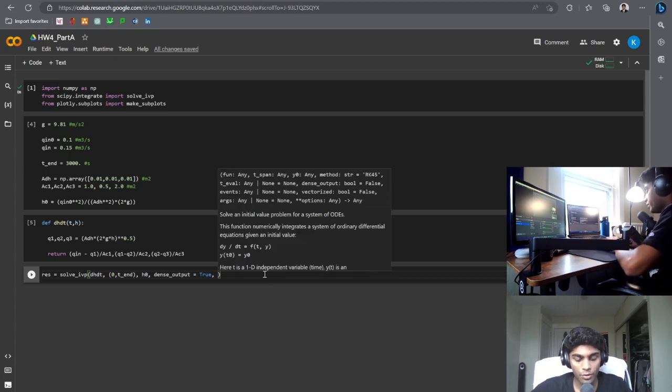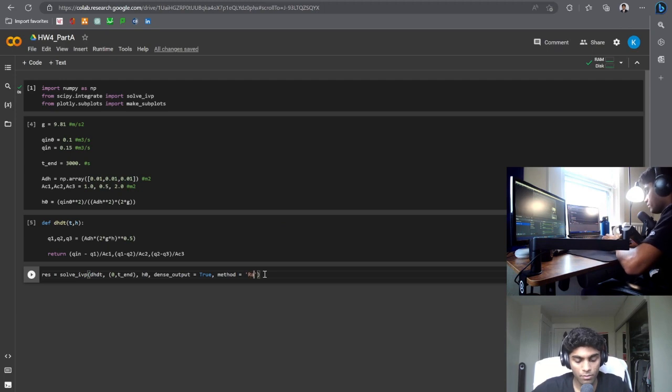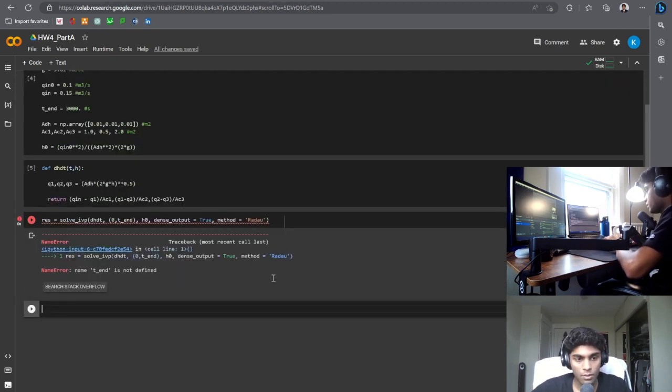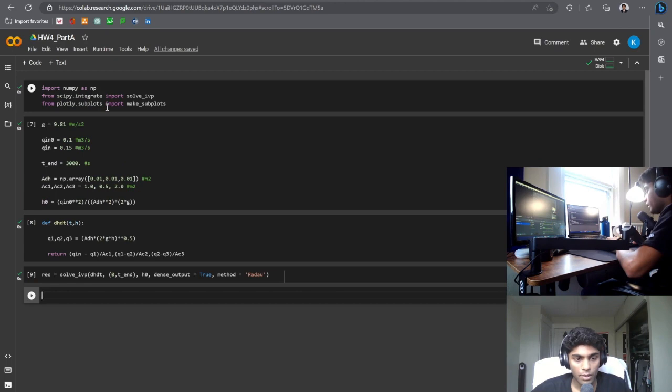And the method we're going to use is the Radau method. Tn is not defined. I just need to do that. Okay, and that is how we use our solve IVP function.